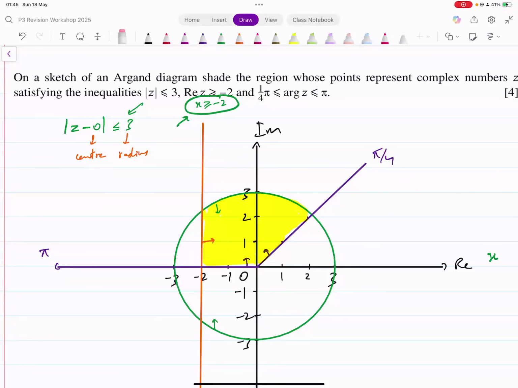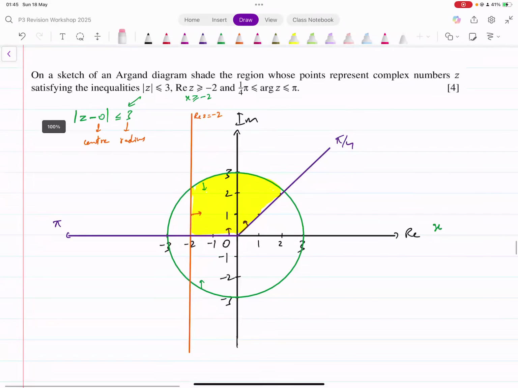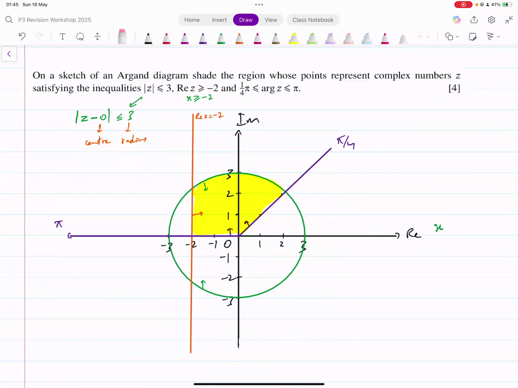So you draw the line x equals minus 2. That's going to be a vertical line. This line here represents when the real part of z is equal to minus 2. Greater than or equal to minus 2 means you have to be to the right of this. And then you have this argument condition as well. You shade the region that satisfies all of those conditions. You can see that here.